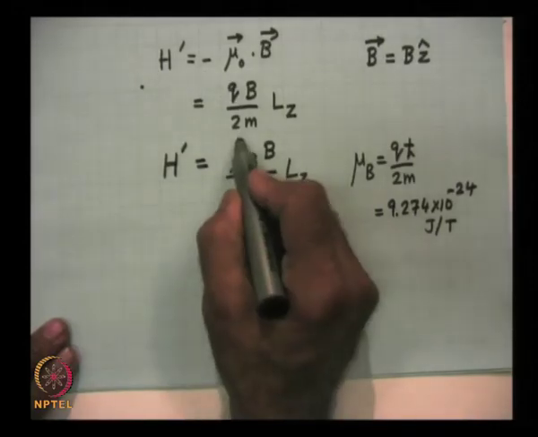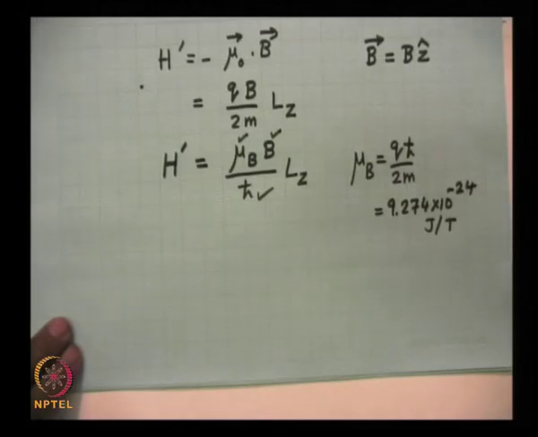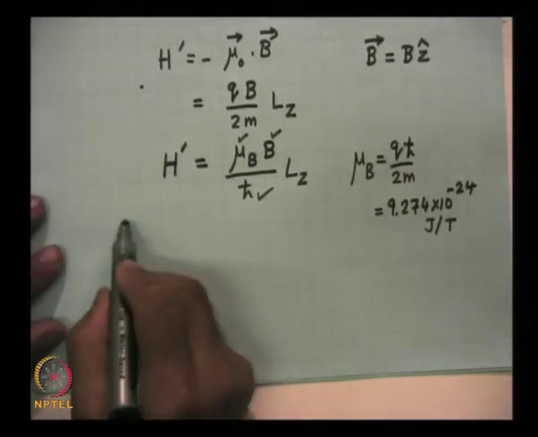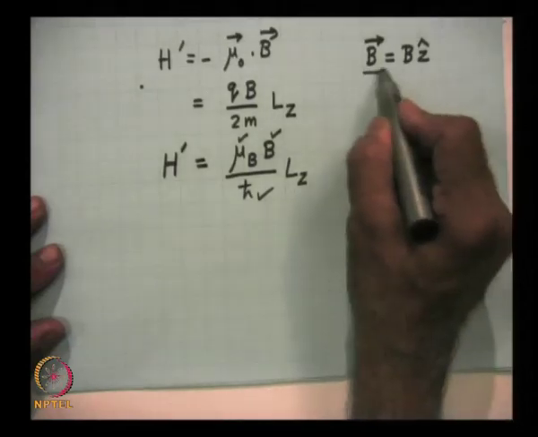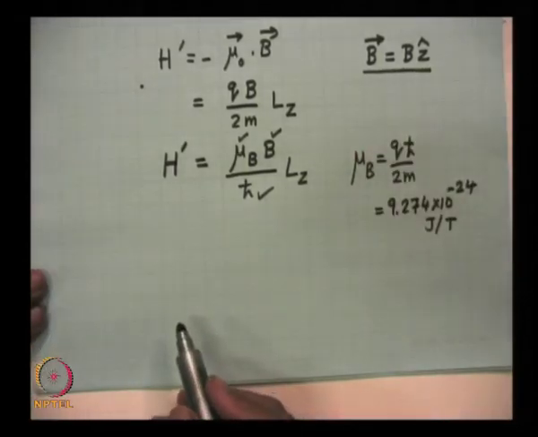So μB is a constant, B is a constant, and of course ħ is a constant. Now, I have a static magnetic field which is applied in the z direction.